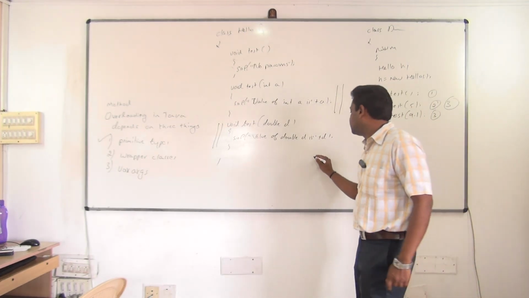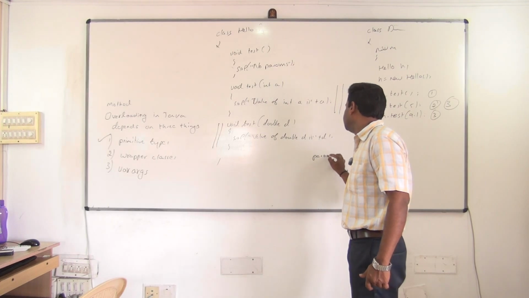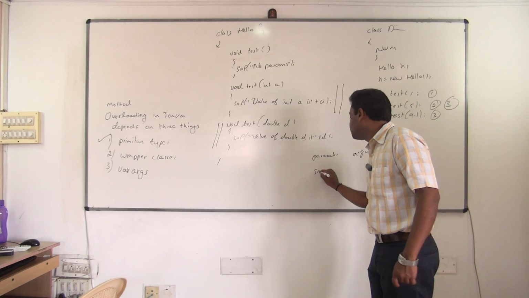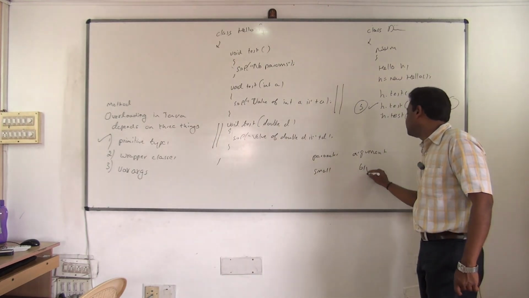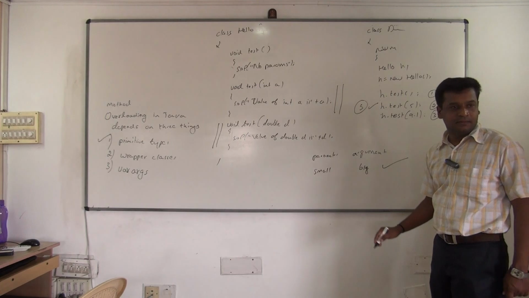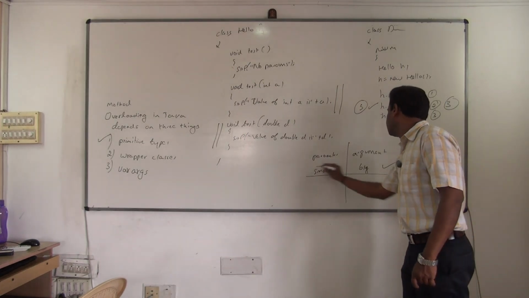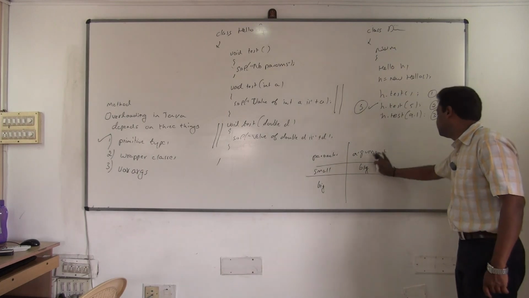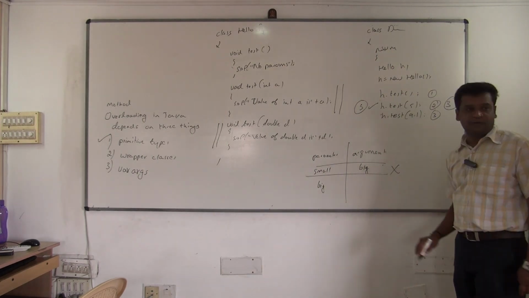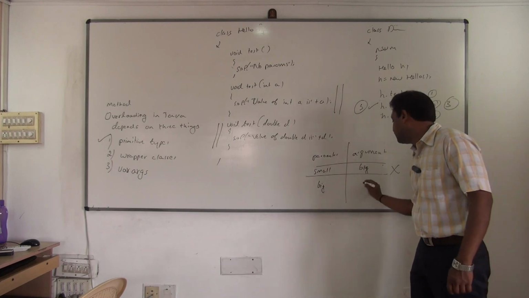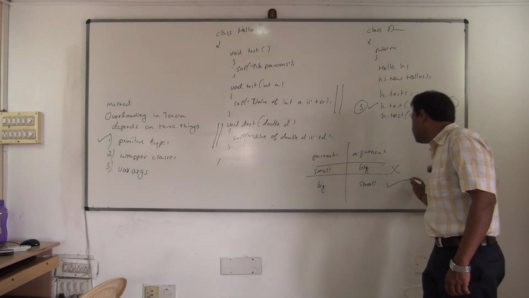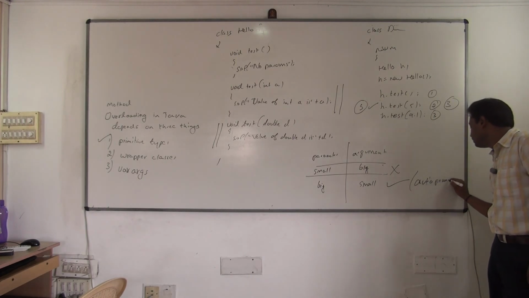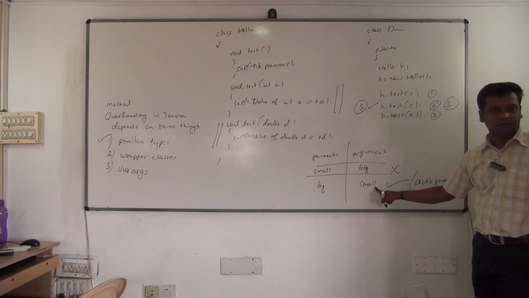So, parameter and argument: parameter big, argument small, valid. Parameter small, argument big, not possible. It is possible when the parameter is big and the argument is small, and it will happen with the help of auto promotion.